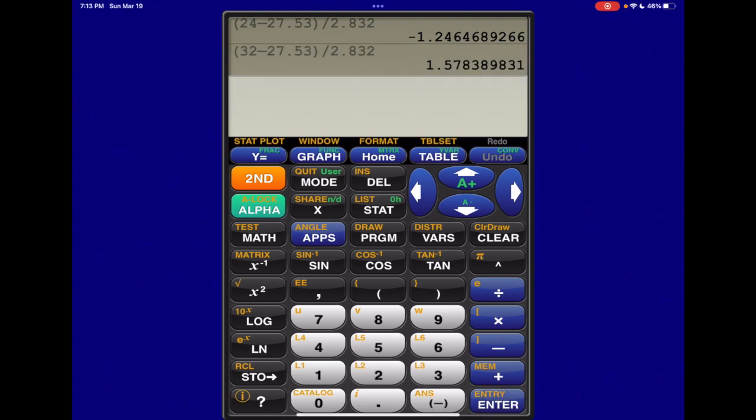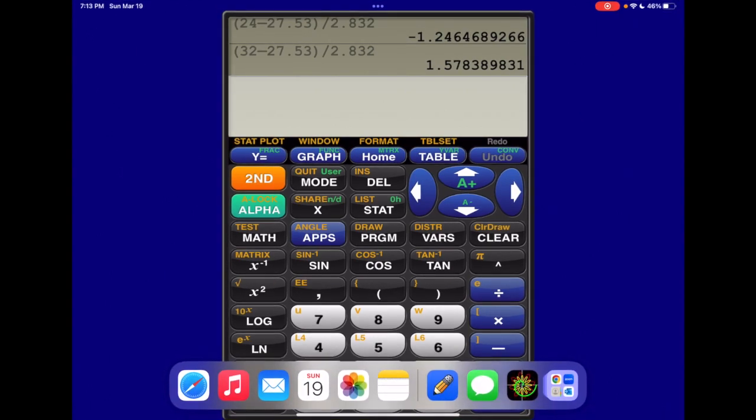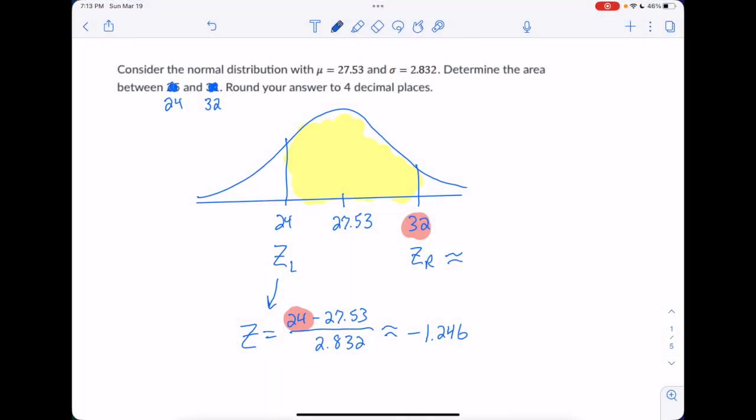Press enter, we get our new z-score 1.578, followed by a 3, so we'll stick with the 8. So 1.578. Notice some little things that match the idea of our picture. I said 32 is a little farther away from the mean than 24, and we got a z-score of 1.5 instead of negative 1.2, so you see that bigger distance.